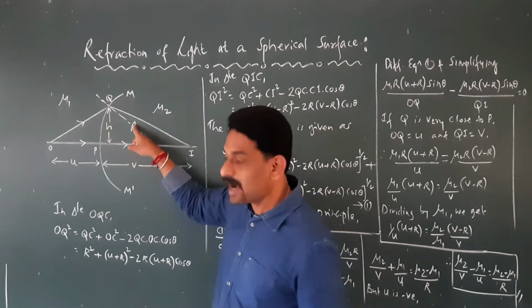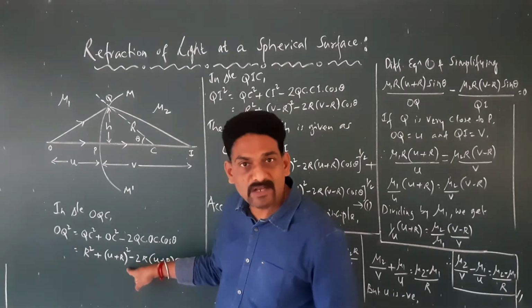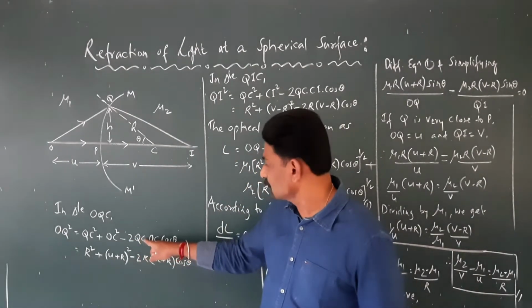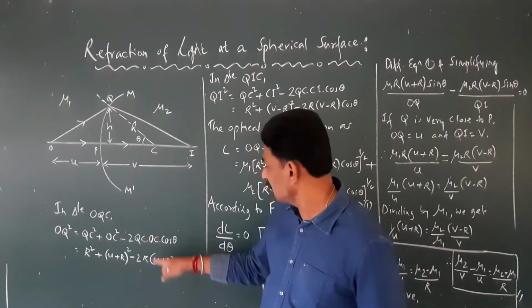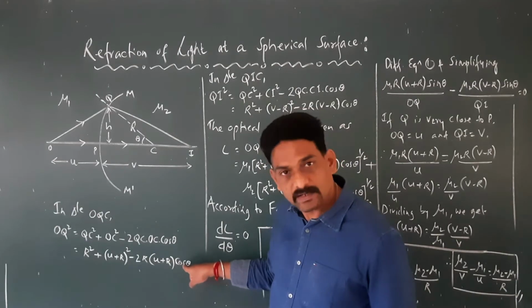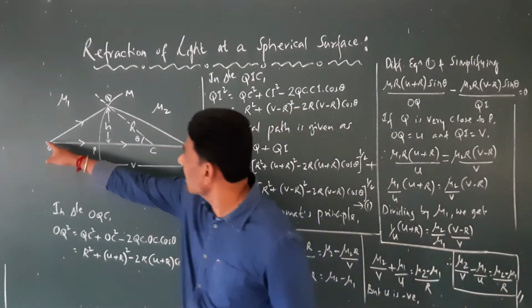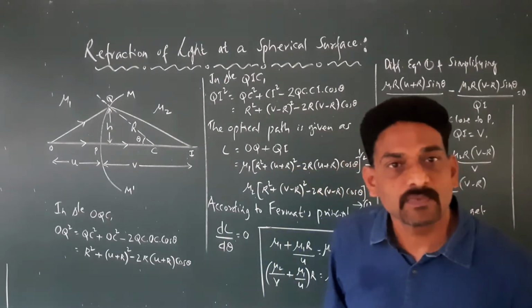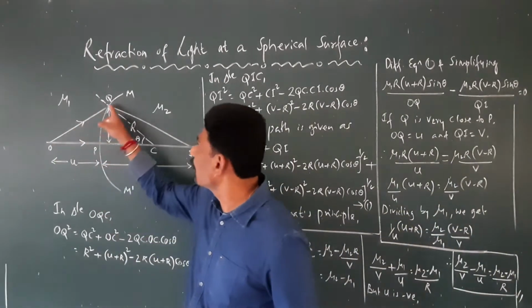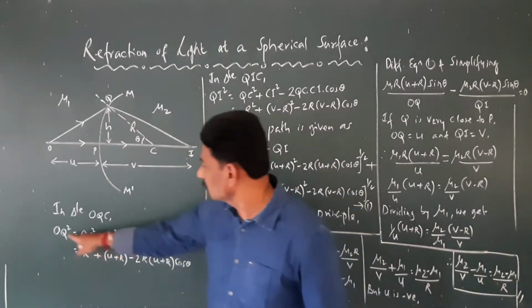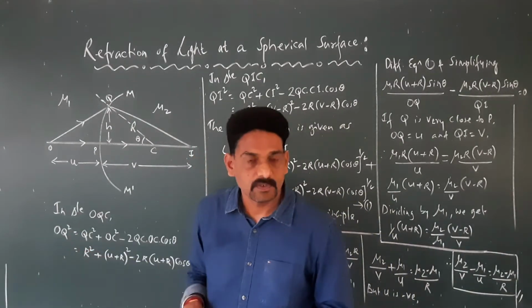QC is R. So we are replacing the corresponding values, and again minus 2 as it is, QC is R, OC is U plus R, into cos theta, right? So we took the triangle OQC, applied the direction cosines, and calculated the value of OQ square.